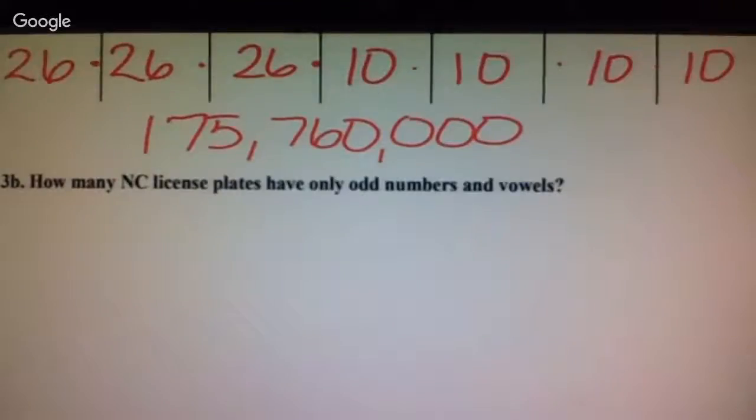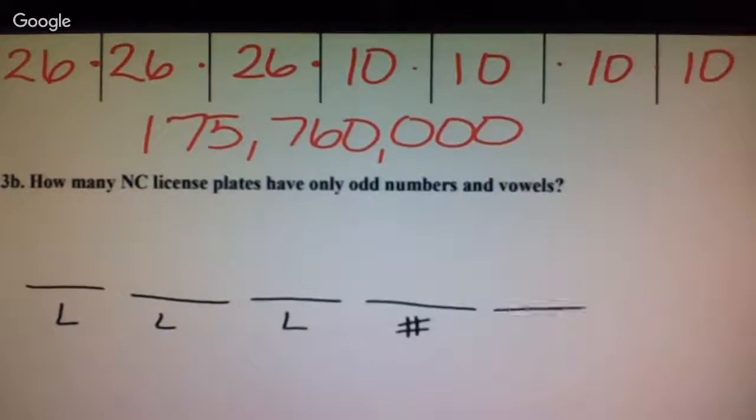All right. So part B, I still have the same 7 slots: letter, letter, letter, dash, number, number, number, number. The dash is between the letters and the numbers. Now I'm giving you some restrictions.